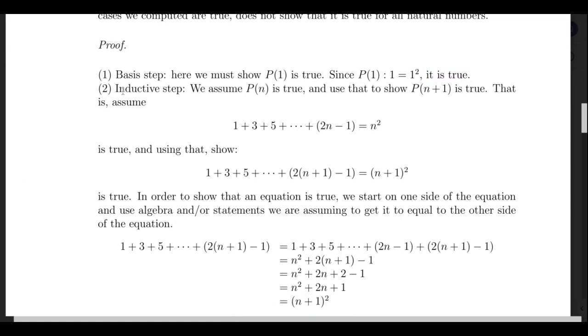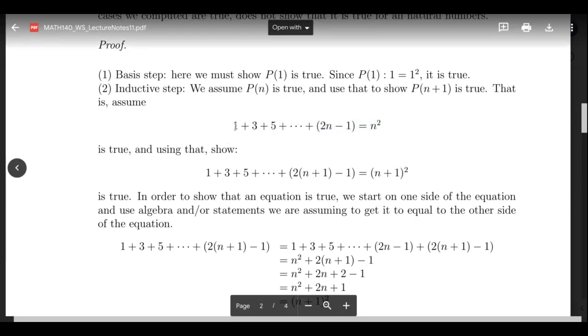Now the second one, the inductive step, includes two steps. First we assume P of n is true. What is P of n? P of n is 1 plus 3 plus 5 up to plus 2n minus 1 equals n squared. Let's see if this makes sense.